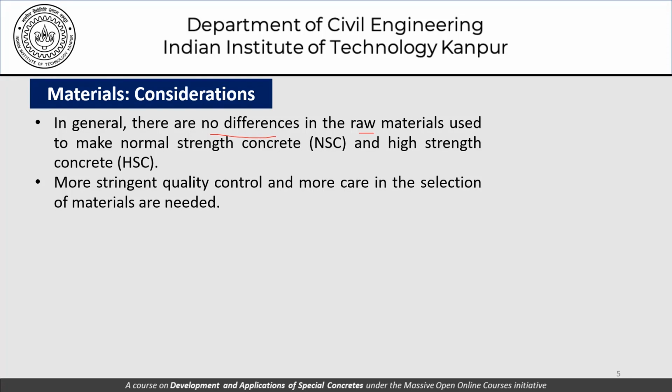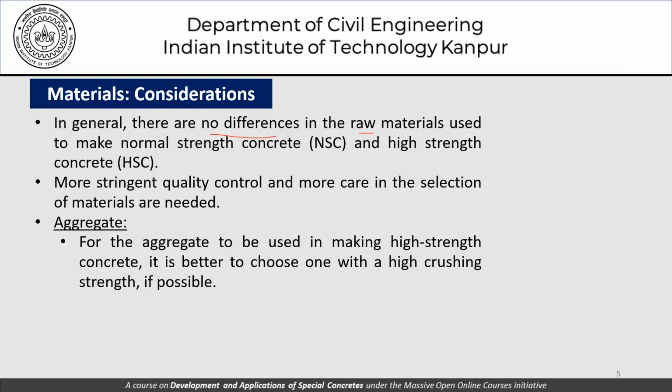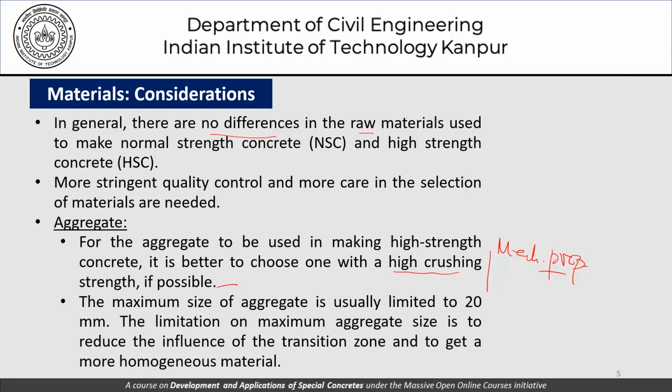We talked about the care that we need to take as far as aggregates are concerned, and the same criteria holds for the other raw materials as well. As far as aggregates are concerned, we've already talked about it. For the aggregate to be used in making high strength concrete, it is better to choose one with a high crushing strength if possible. So we already talked about it when we talked in detail last slide on the mechanical properties of coarse aggregates. So here we are talking about a specific property which calls for high crushing strength.